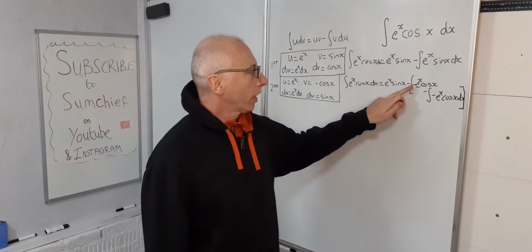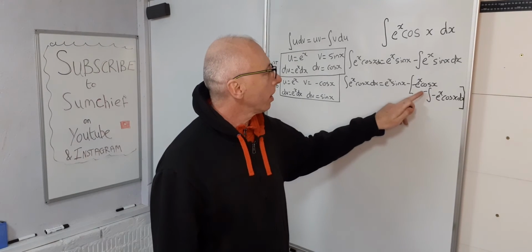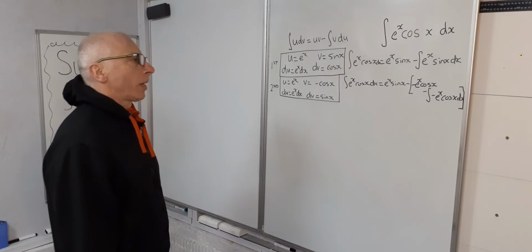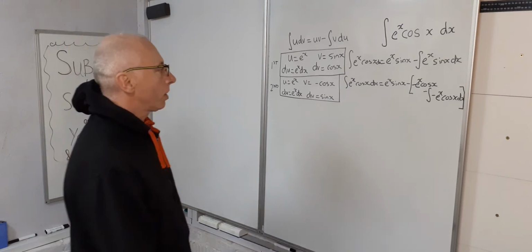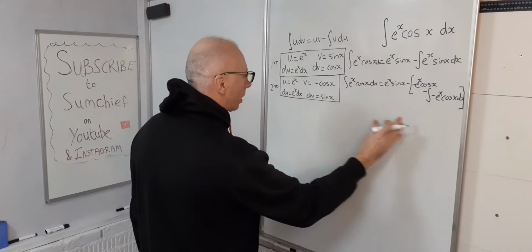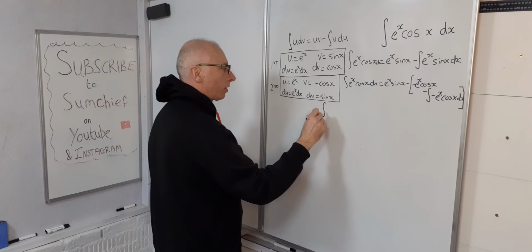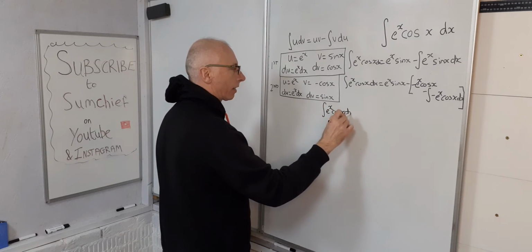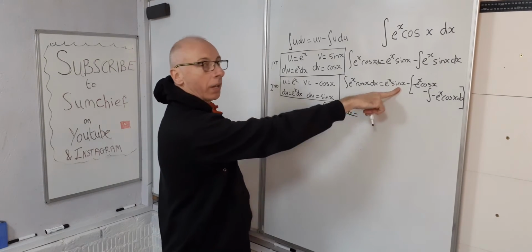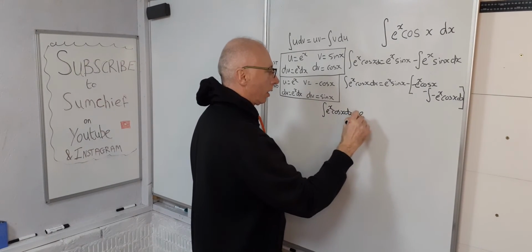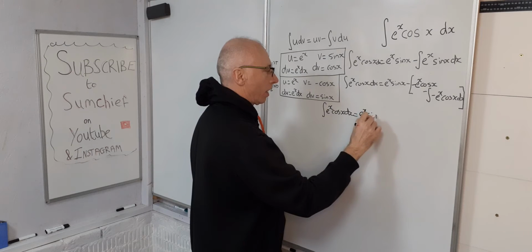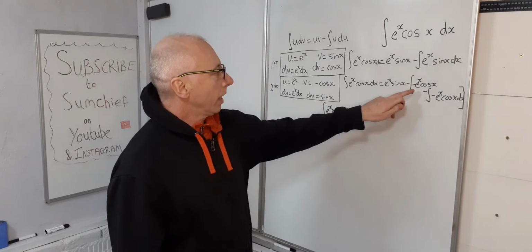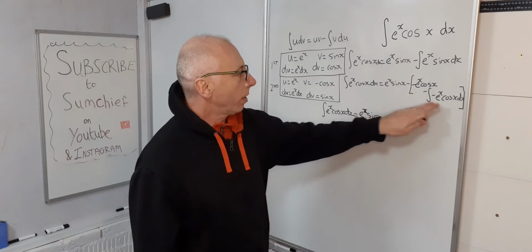Okay, so now if you look carefully, we've got a few minus signs here where we need to be a little bit careful. Let's just simplify this up, and because that's quite long, let's bring it out here. So integral e to the x cosine of x dx equals, it's part of the answer, that stays, e to the x sine x. Now let's go for what we've got inside this square bracket.